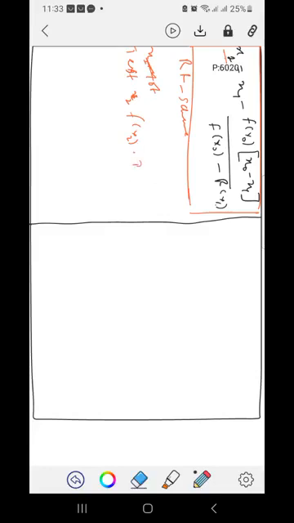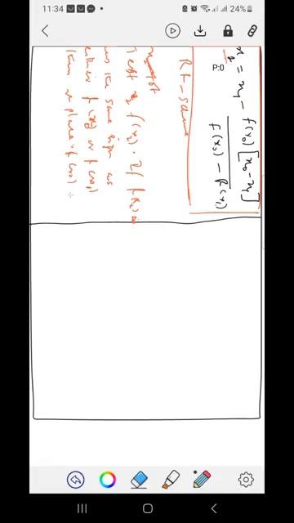Aha. If fx2 has the same sign as either fx naught or fx1, then replace fx naught or fx1 with fx2.